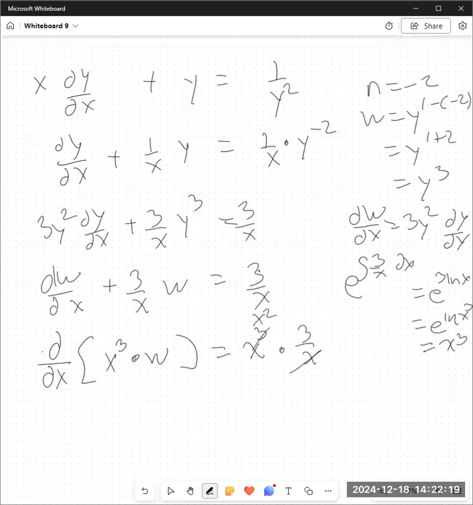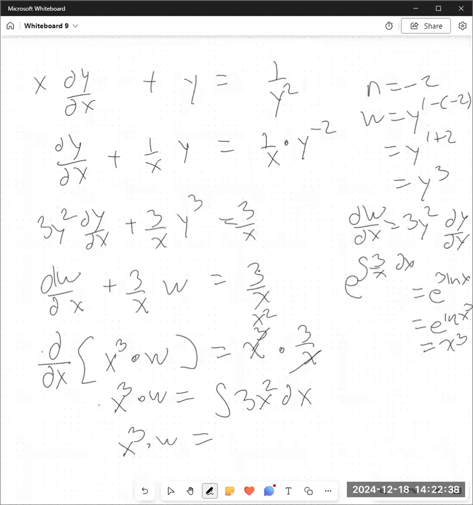One of those x's will cancel and give me that x^3 times w is equal to the integral of 3x^2 dx. So this is x^3 times w is equal to 3x^3 divided by 3, which is x^3 plus c.